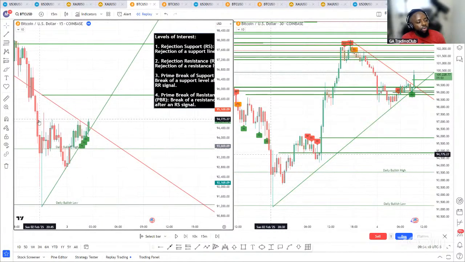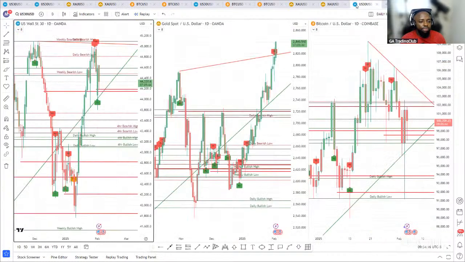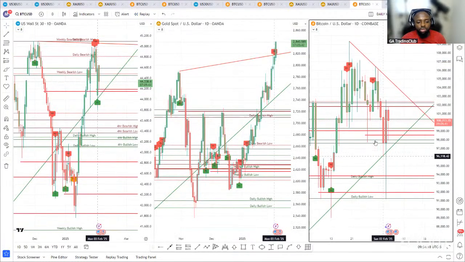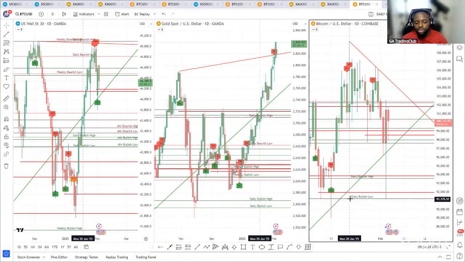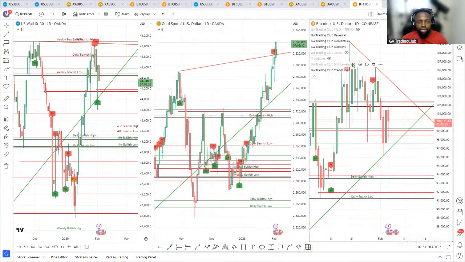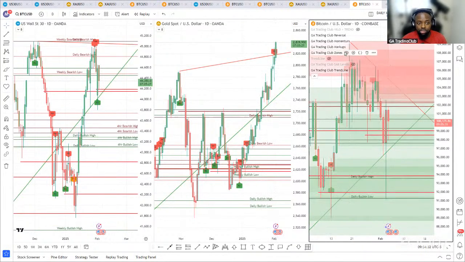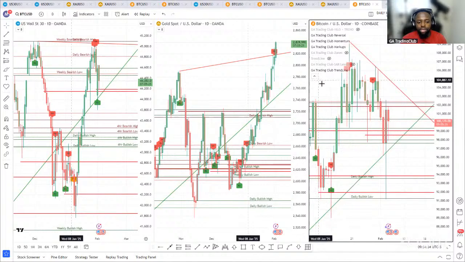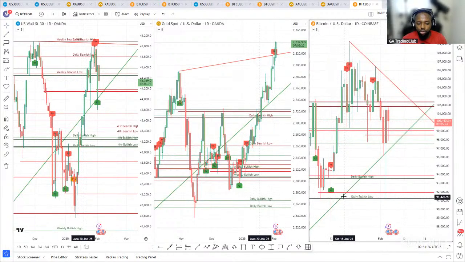Maybe this is easier to see on the daily time frame, where BTC on this chart all the way to my right fell on Sunday through Monday all the way to this daily bullish order block. If I turn on the zones here, you'll see this zone right here. It fell exactly to the price point of the low of the daily bullish order block, which was 91,230.